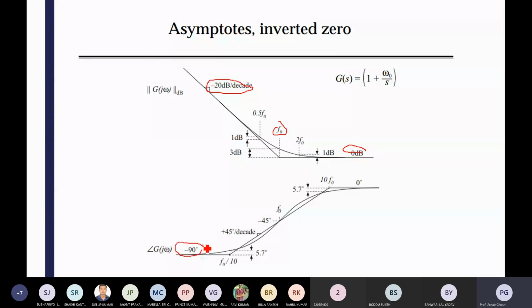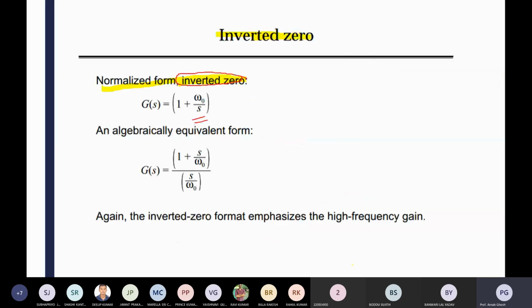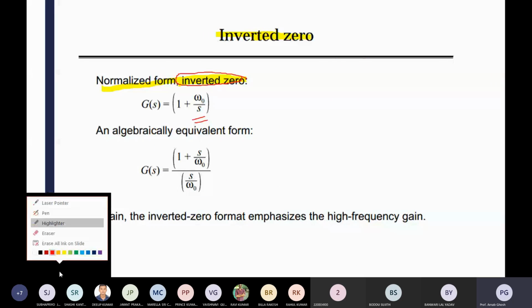For the angular plot, for the pole it is minus 90 degrees, then at f0 it is minus 45 degrees. After that, you are getting 0 degrees. Why is it 0 degrees? Minus 90 for the pole and plus 90 for the zero, so both give 0. Okay, that's the working of this.